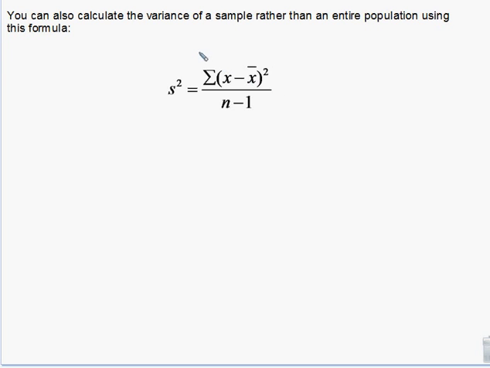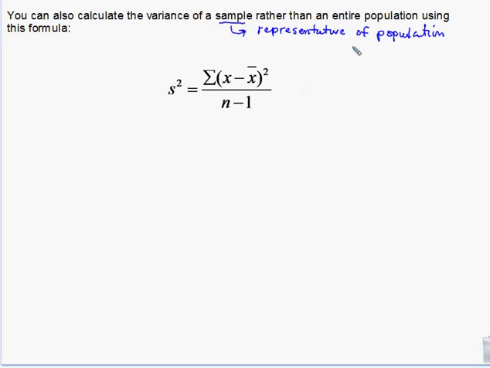Now, the variance for a sample is slightly different than the variance of a population. This is because the sample, remember, is a representative of a population. When you're picking a sample, if you were conducting statistical research, you would try to choose a sample that most closely mimics the entire population.